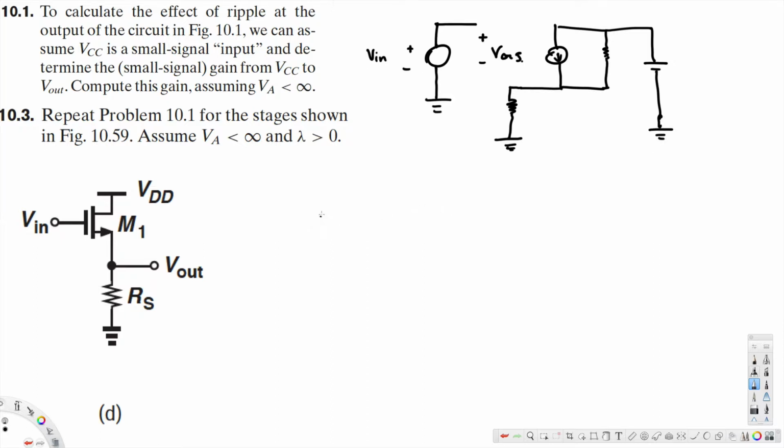Okay, now if you write the equation for Vout, Vout is ID times RS. ID is Vout divided by RS, that's equation number 1, and therefore Vout is going to be VDD minus ID times RO.